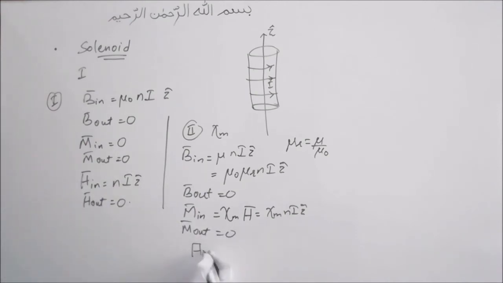H inside, again using Ampere's law, or we can also use this equation, B is equal to mu naught or mu, whichever, times H plus M. We can get H inside will be N I z hat. This is because of only the free current, and H outside is again 0.